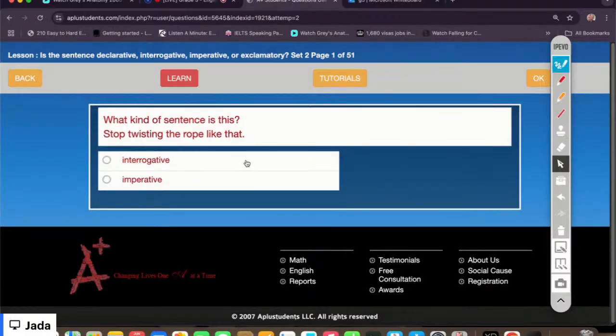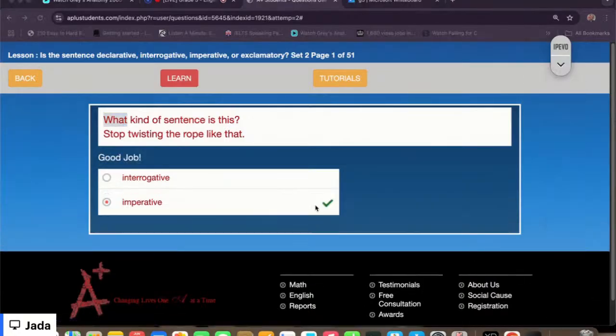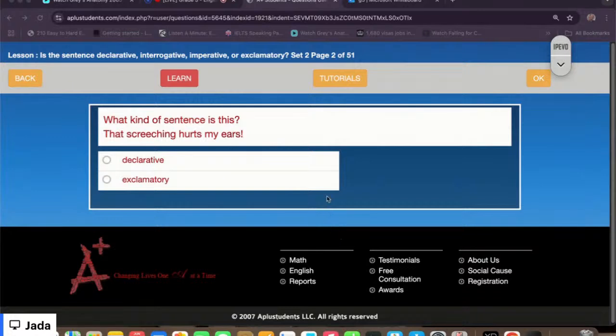All right, so stop twisting the rope like that. We have imperative and it's telling us to do something. So the screeching hurts my ears, declarative or exclamatory?